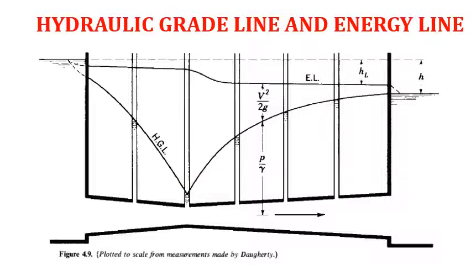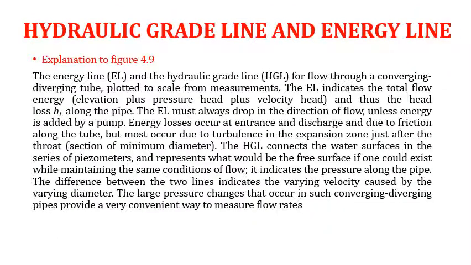Now, if you look to the other end, as the diameter increases, velocity decreases. So velocity head also decreases. And as this change is gradual, the velocity head gradually decreases and pressure increases. This is the explanation. You can read it yourself.